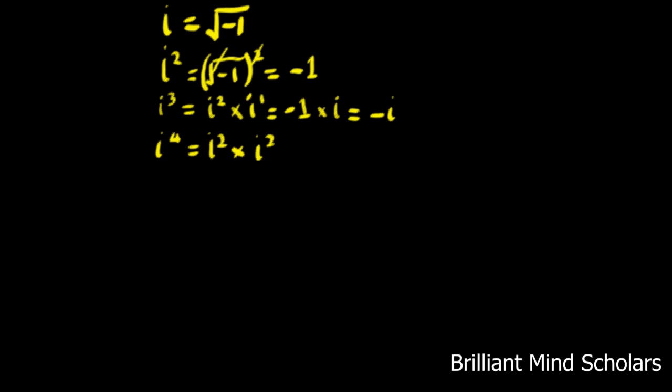Because we can simply add up the powers when our bases are the same, and in this case our bases are the same. We have i and i at the base. Now, from our previous calculations, we got that i squared would give us minus 1, and also i squared will still give us minus 1. And as such, we have minus 1 times minus 1, and this gives us 1.